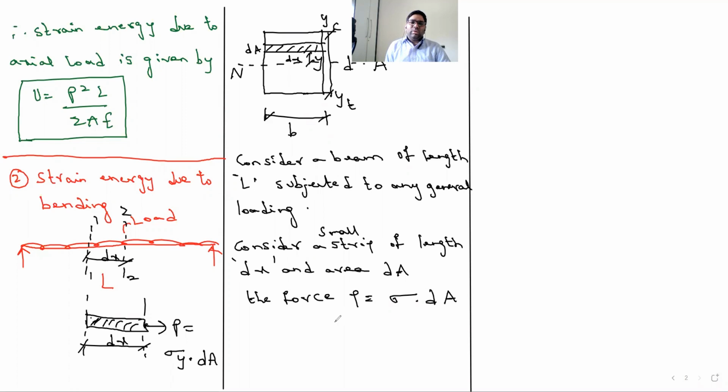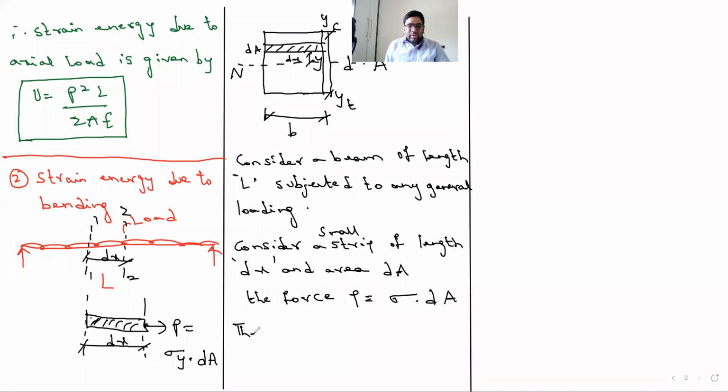The force P is equal to sigma into dA. It can be in x direction or y direction. Of course, it is bending in y direction, that's why I put y. Okay. Now this strip is at a distance y from the neutral axis.